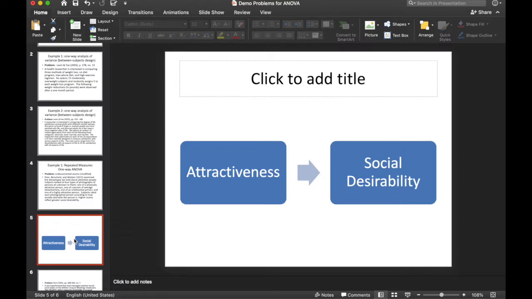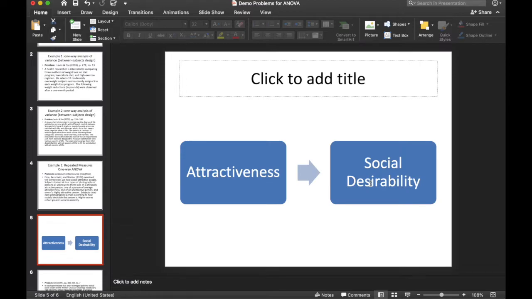So we want to know, is the rating in social desirability co-varying with the level of attractiveness? Will we see a pattern wherein those who are more attractive are perceived to be more socially desirable, and those who are less attractive would be perceived as less socially desirable? So we want to test if there is such covariation or such pattern that is happening in our data.